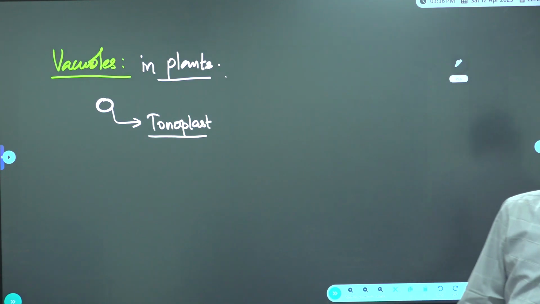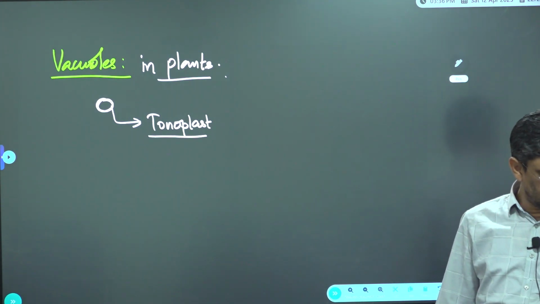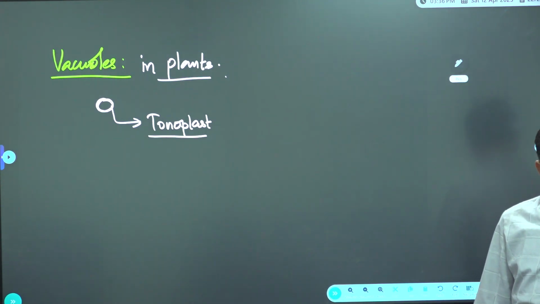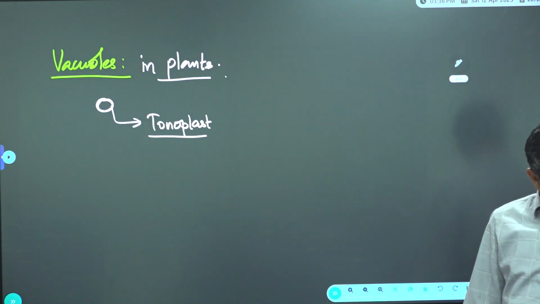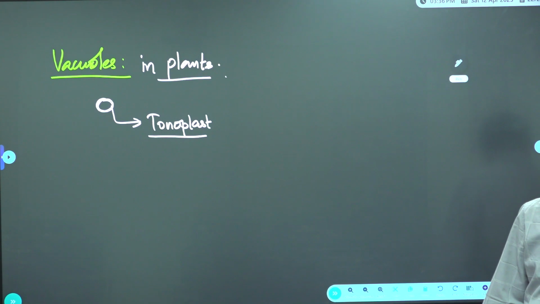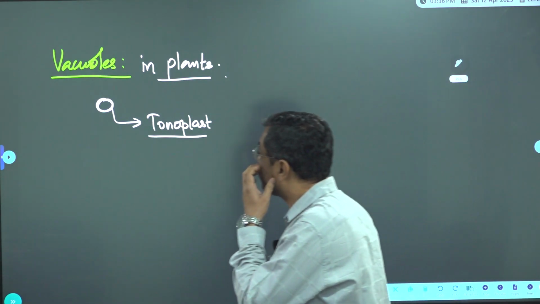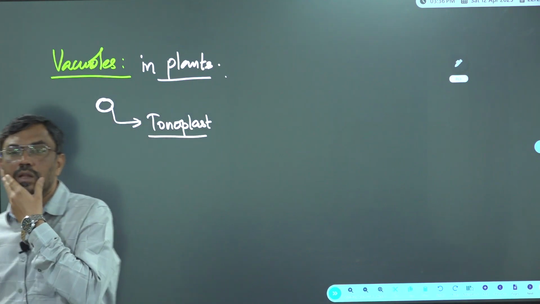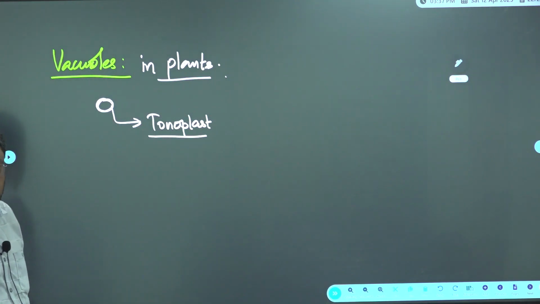Vacuoles are present mostly in plants. The thin membrane surrounding the vacuole is called the tonoplast.